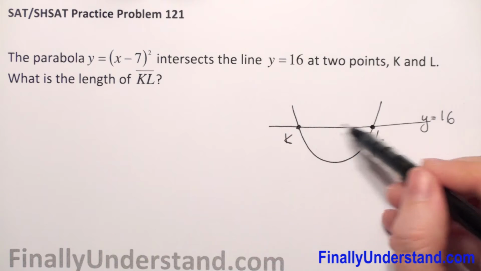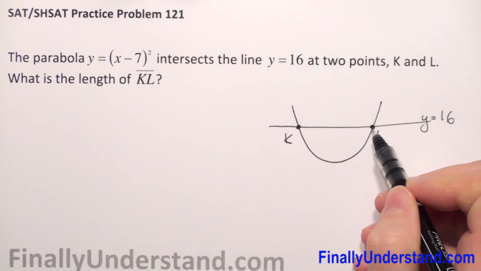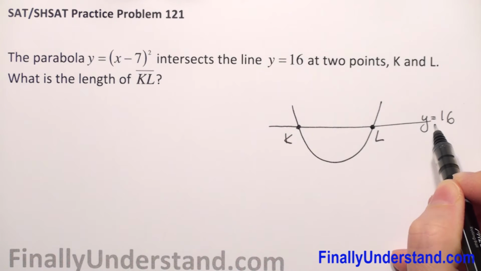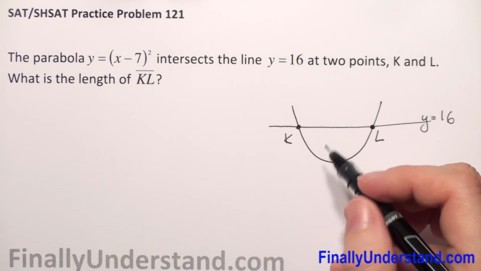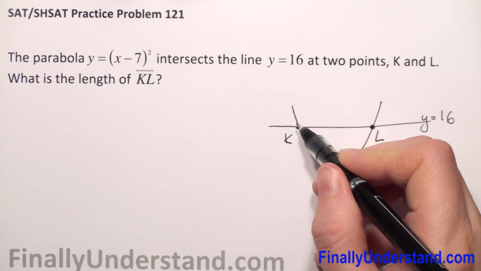What can we say about these 2 points? These 2 points will have the same second coordinates. The y coordinates will be 16. So our unknown is only the first coordinate.